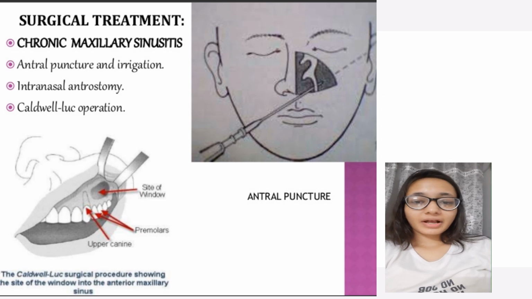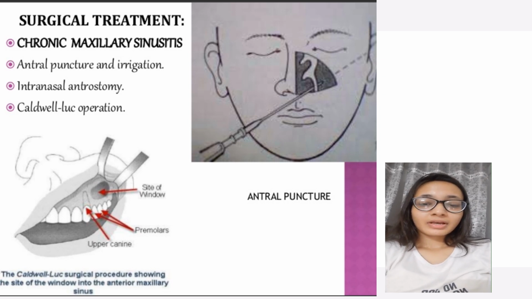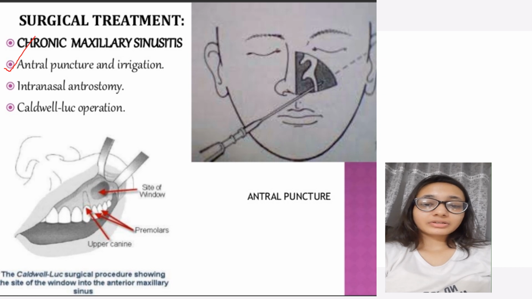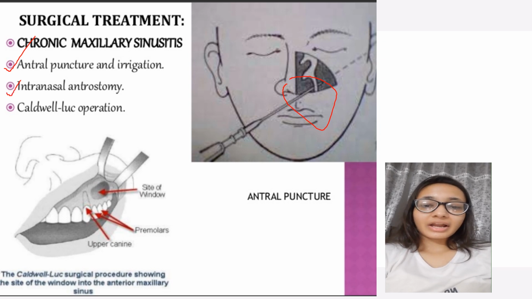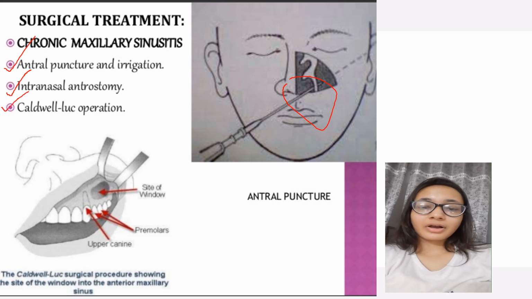Treatment for chronic maxillary sinusitis. In this, the first thing we do is antral puncture. In this, we insert a cannula inside the maxillary sinus via the inferior meatal area, due to which we can do the drainage and irrigation of the sinus. The second one is intranasal antrostomy, and the third one is very important, that is Caldwell-Luc operation.